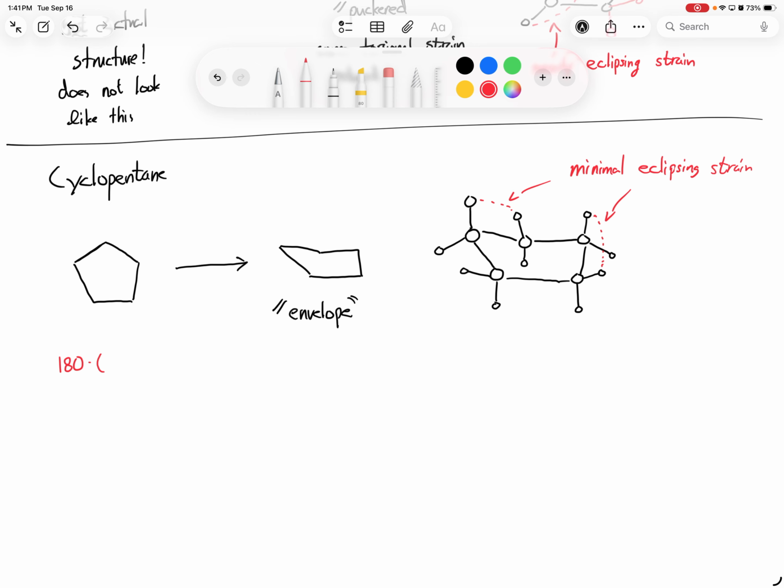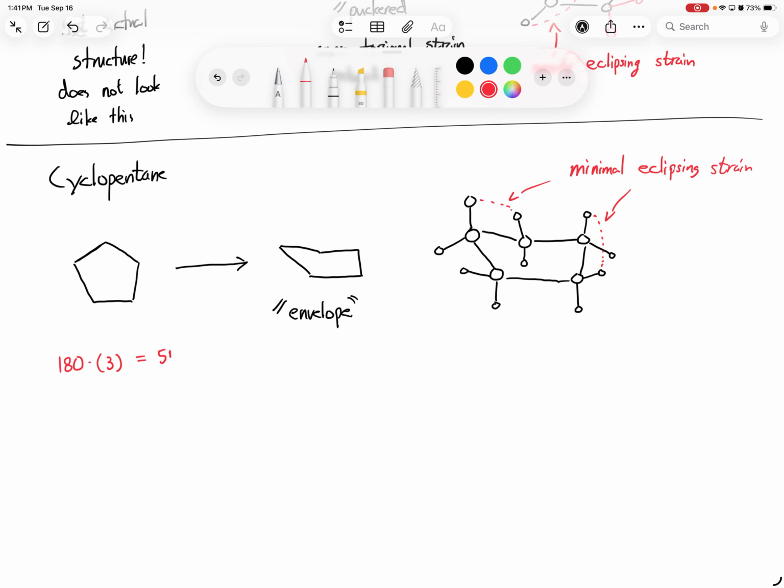So n minus 2 will be 5 minus 2, that's 3. What's 180 times 3? 18 times 2 is 36, add 18 again, that's 54. So 540.